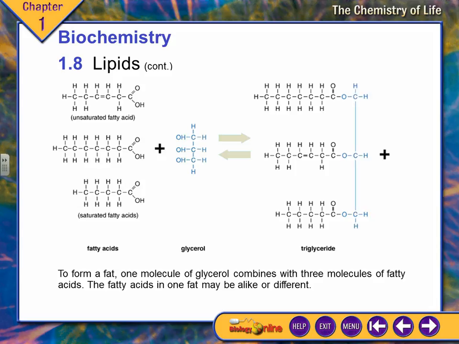So here is a typical lipid. It's called a triglyceride. And its reason it's called tri is because it's built of 3 fatty acid chains. You see that? And it's attached to a glycerol. And so this is what a lipid looks like right here. It's this glycerol.